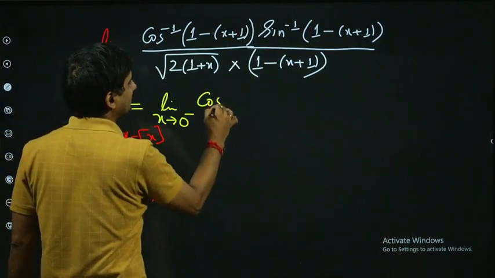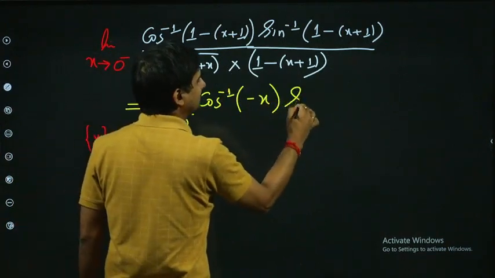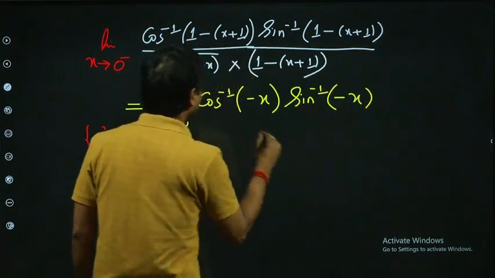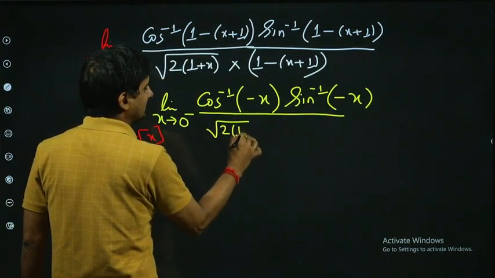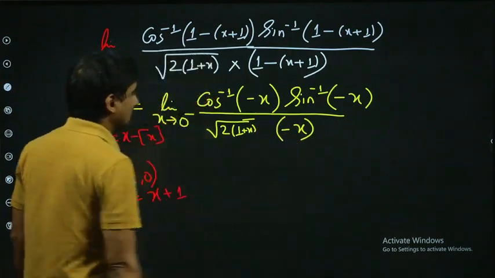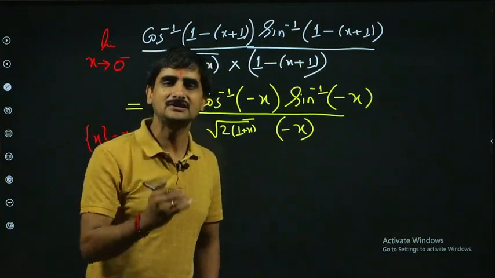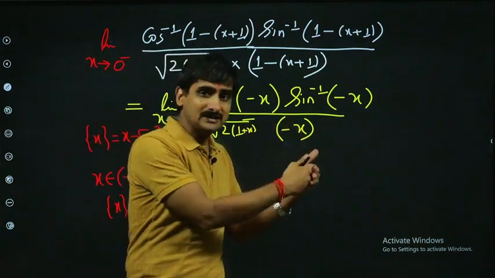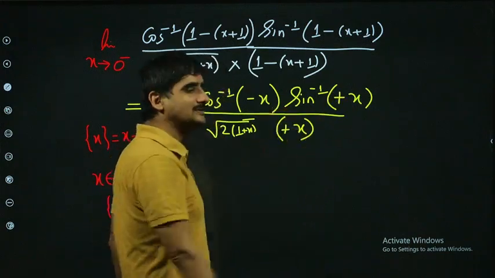Simplify it. So cos inverse of 1 and 1 gets cancelled, minus x, and then sine inverse of 1 and 1 gets cancelled, minus x, and then this is root 2 times 1 plus x, and then this is minus x. Okay, as x approaches 0 from either side, sine inverse of t by t is 1, and we know sine inverse of minus t is minus sine inverse t, so I can remove this negative sign here.